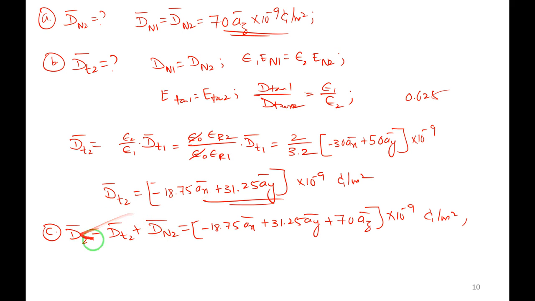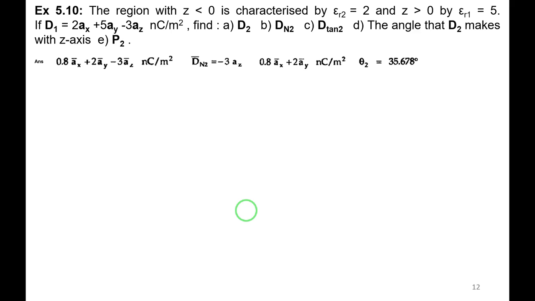Then D2 I have here, take the magnitude: under root of 18.75 whole square plus 31.25 whole square plus 70 whole square, with 10 power minus 9 on each. So I'm getting it as 78.918.